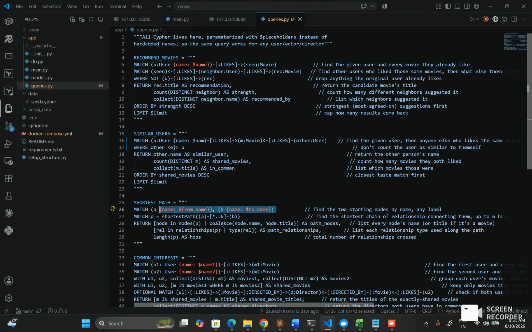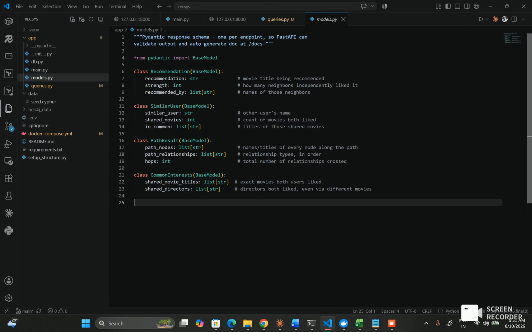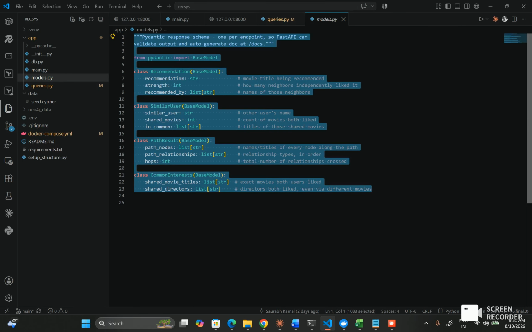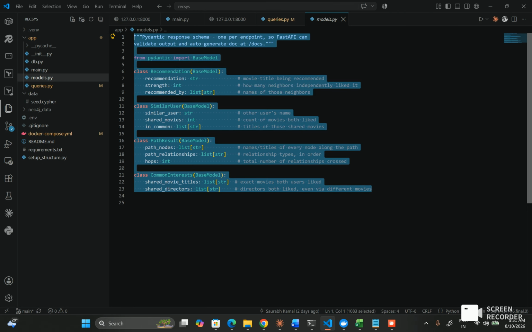And once a query comes back with results, something has to guarantee they are shaped correctly before they go out to whoever is calling the API, and that's models.py. Now we are talking about the shape, that is Pydantic, right? This file defines the exact shape every response must have.